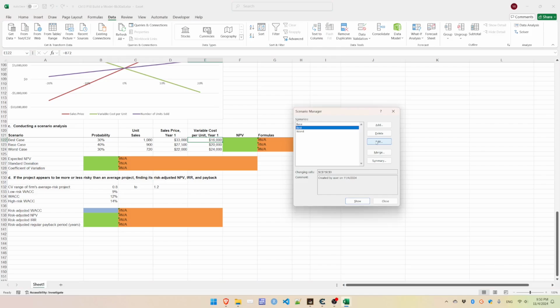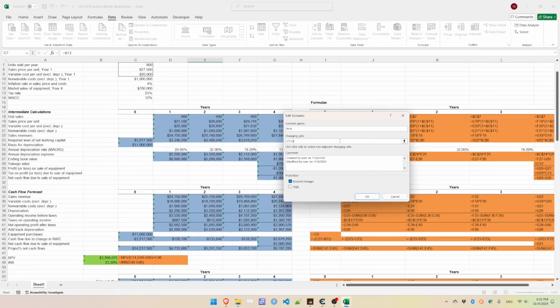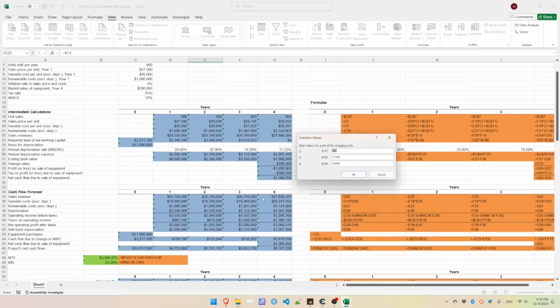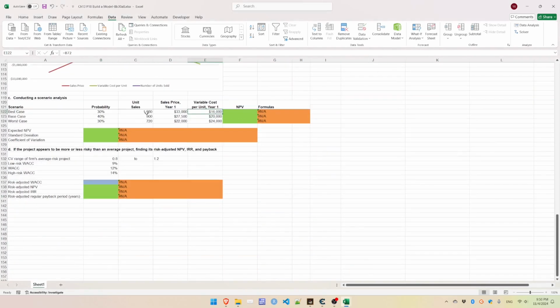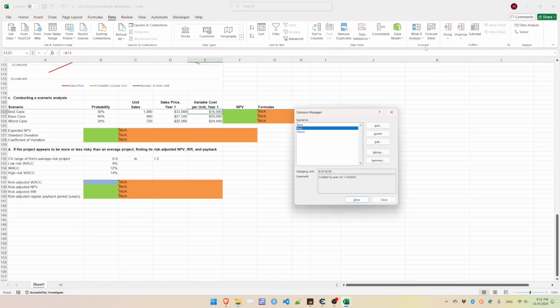So the best scenario, I can edit it by changing these cells. My bad, I just need to remember these numbers: 1080, 33,000, and 16000, right? So scenario manager, the best case, I want to edit it.